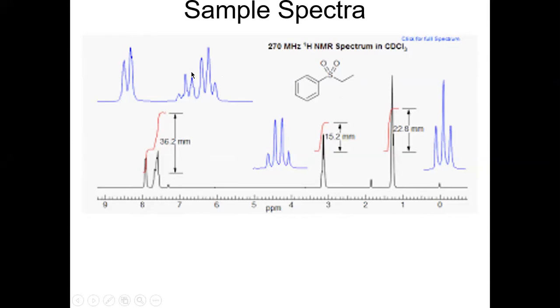Those are aromatic signals, so those are going to correspond to hydrogens on the ring. And then the quartet is going to be this signal right here, these 2 hydrogens that are adjacent to a CH3. And then the triplet will be these 3 hydrogens adjacent to a CH2. So we're going to talk about how you determine the splitting pattern, how you determine the location, all of that stuff, right? So that's an example of an NMR.